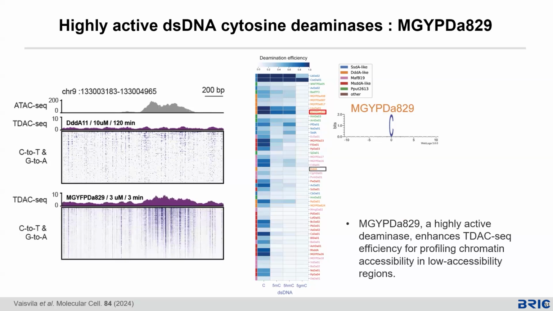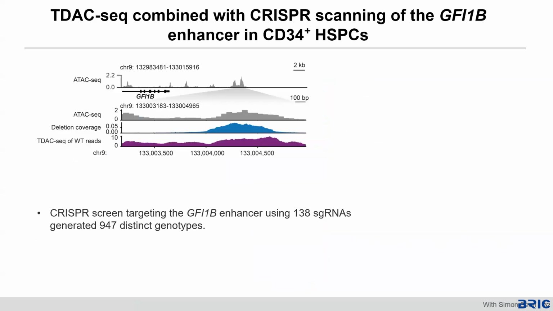So when I performed TDAC using this new MGY enzyme, it dramatically improved efficiency and enabled us to successfully profile chromatin accessibility at this GFRMB enhancer. Therefore, using this MGY enzyme, I conducted TDAC combined with CRISPR-Cas9 scanning targeting the GFRMB enhancer in CD34 HSPCs.